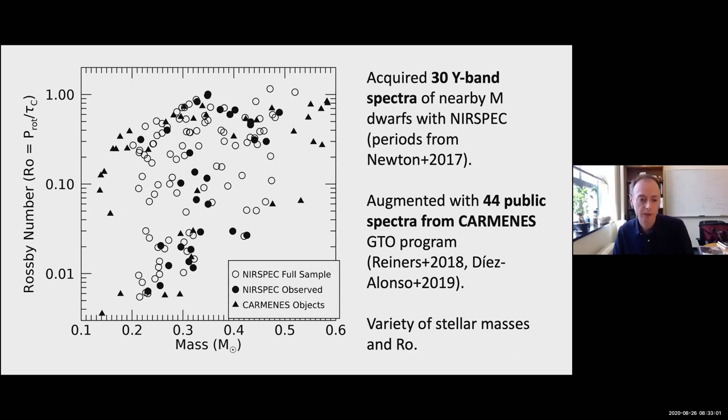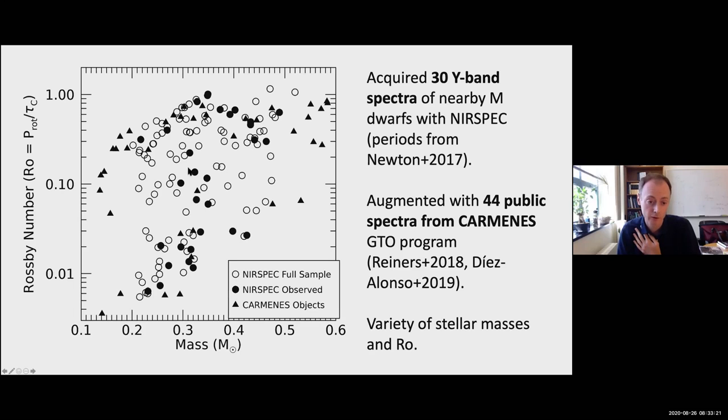So we set out to acquire Y-band spectra for a number of M-dwarfs with a variety of Rossby numbers here now on the y-axis and a variety of masses. We developed a sample based basically on Elizabeth Newton's thesis work, which is shown as unfilled circles.